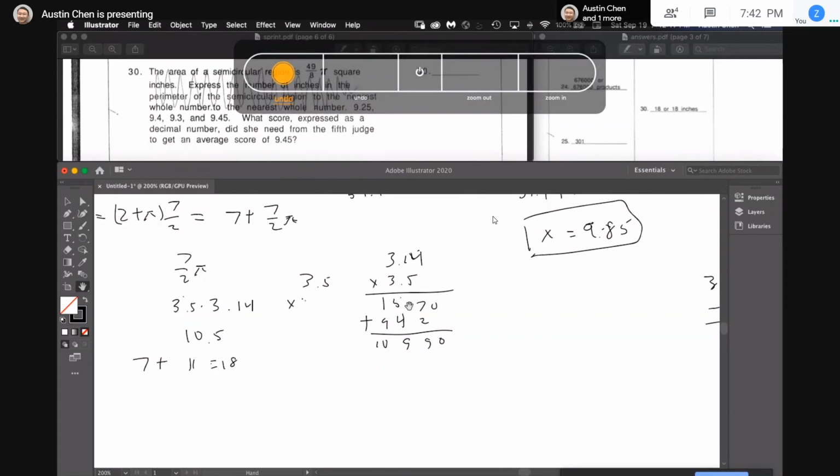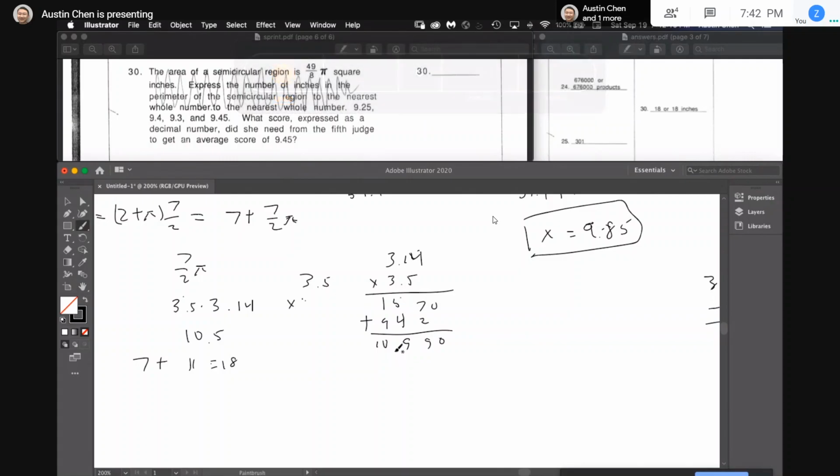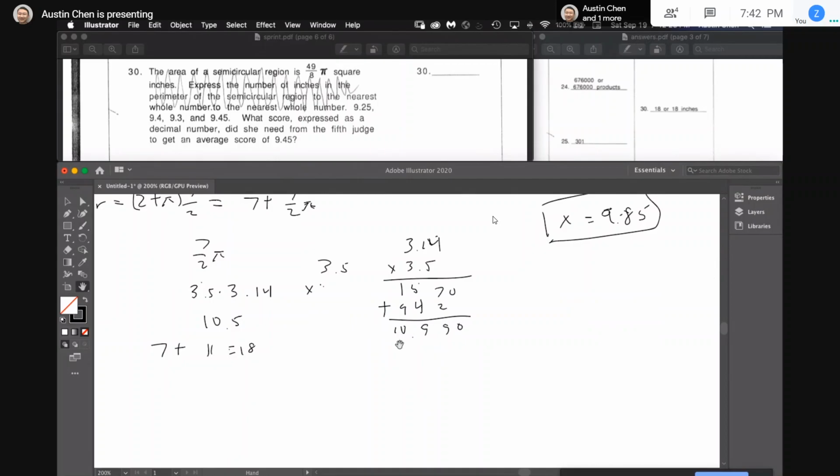And so when we estimate pi to be 3.14, then we get it equals 10.99, and that is very close to 11. So we can say it's 11, and if we add on more digits, it's likely not going to push this all the way to 11.5. So then you do 7 plus 11 and you get 18.